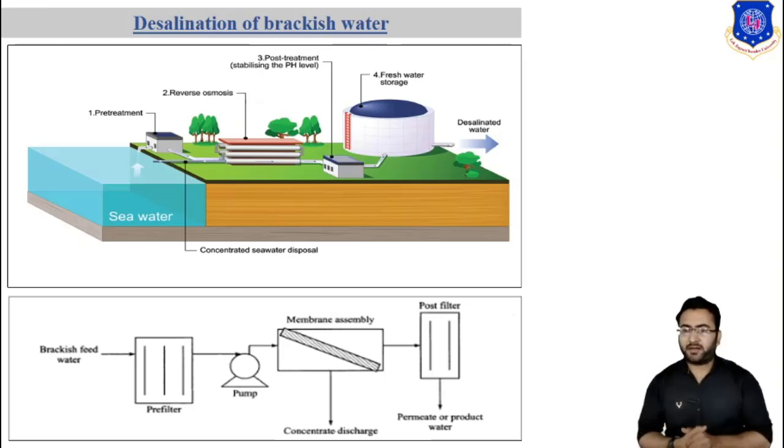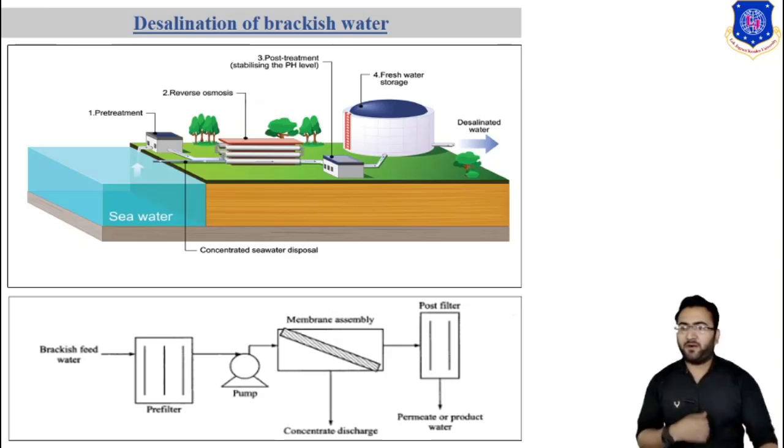In brackish water, where the content of sodium chloride is much less than seawater, a lower osmotic pressure has to be overcome for desalination. The reverse osmosis process is also used in conjunction with microfiltration to produce ultra pure water for the manufacturing of semiconductors.